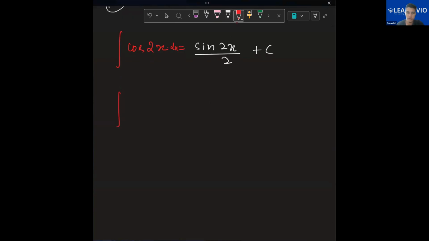Now do this one. Integration of x cube plus 4x square plus 5 with respect to 3x. Sorry, with respect to x.